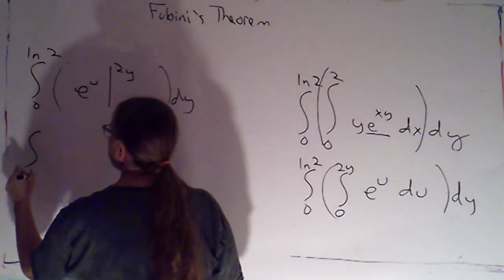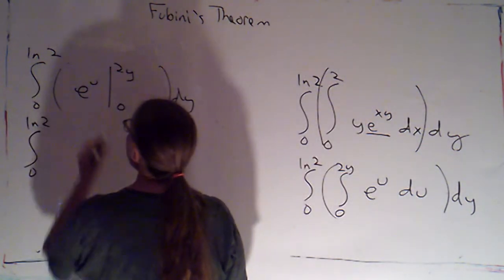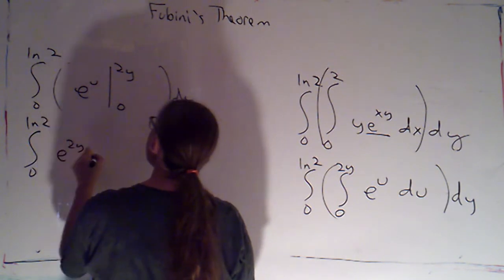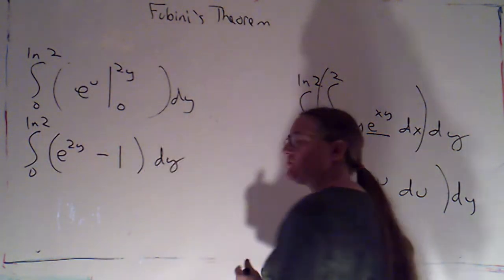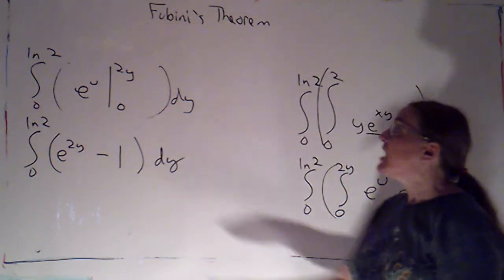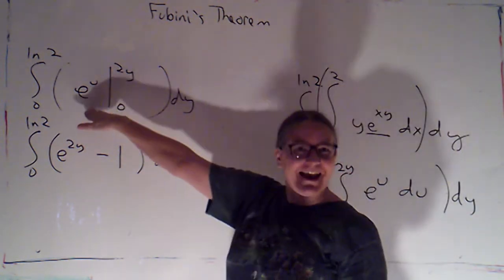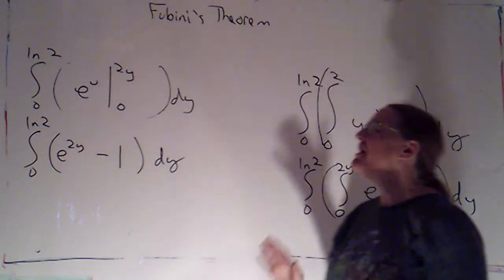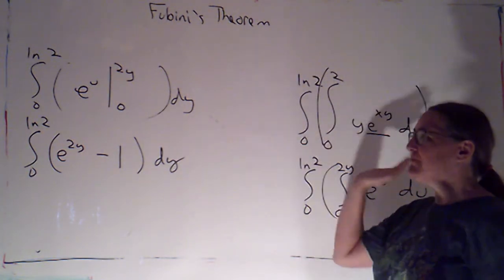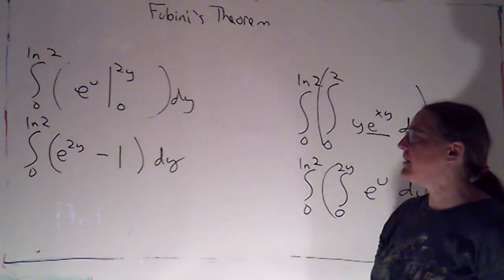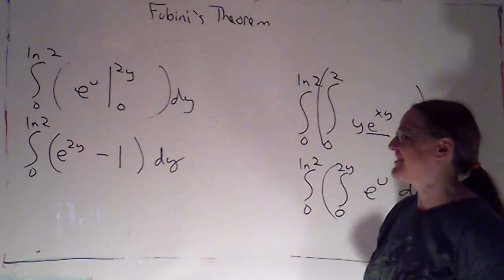So that's the integral from 0 to the natural log of 2 of e to the 2y minus e to the 0 is 1, and then we've got to integrate that with respect to y. Don't forget, when you plug in 0 to the exponential function, it doesn't go away. Very often when you're plugging in 0, if you're plugging into power functions, plugging in 0 makes everything drop out. Exponential functions, it does not.